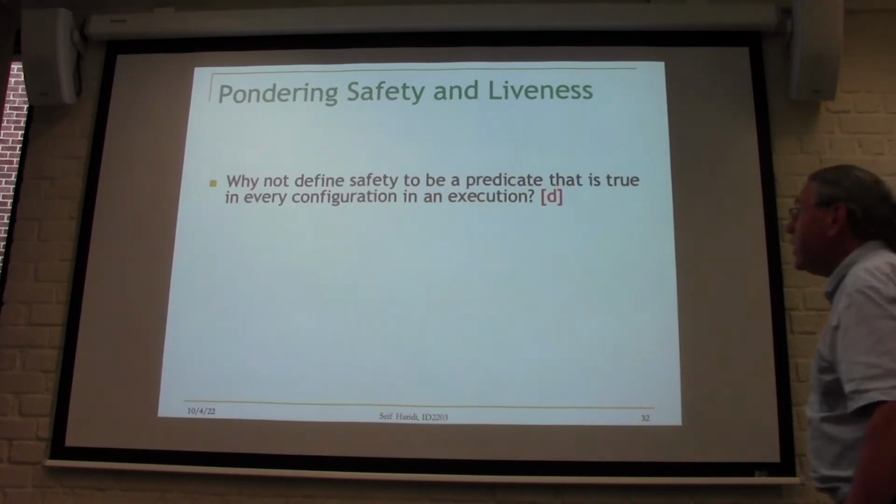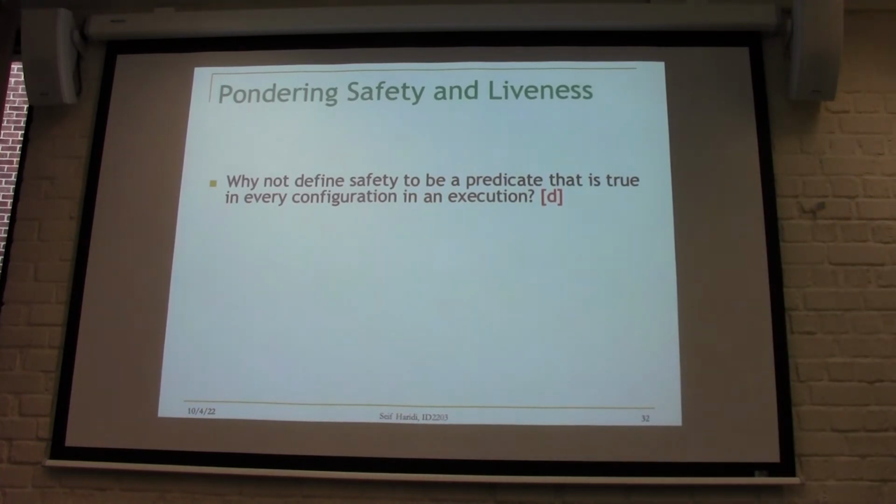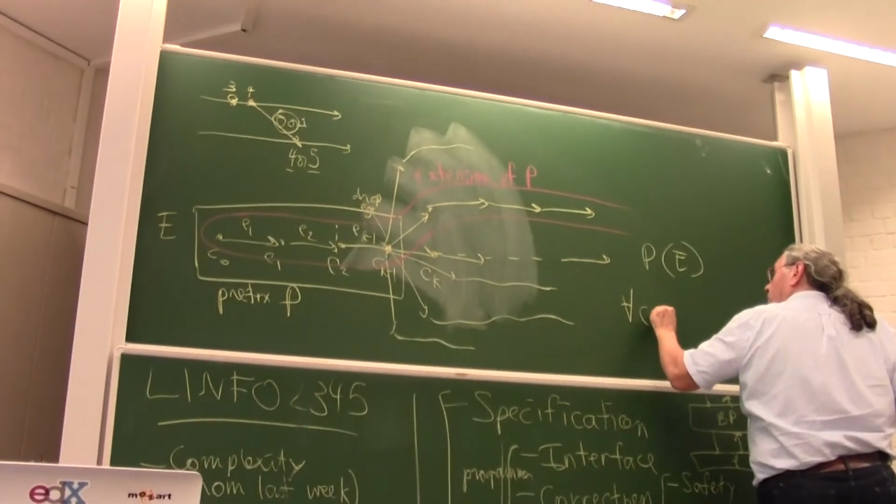Okay, I said that we define safety as a predicate, a property, true for a whole execution. Why don't we just define it as a predicate, a property that's true for every configuration? So we define it like this, P of E. Why not define it like this?